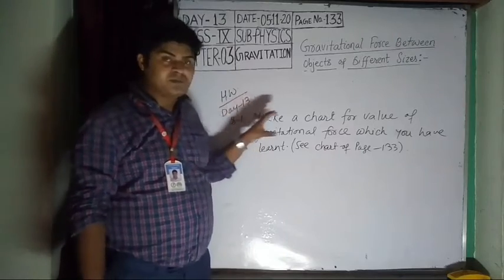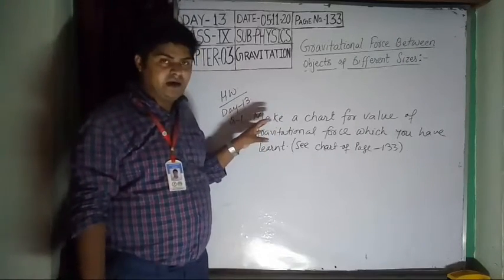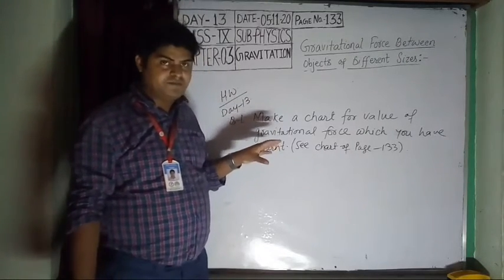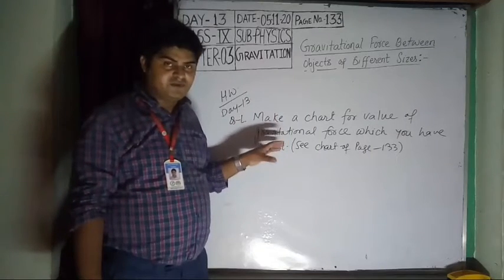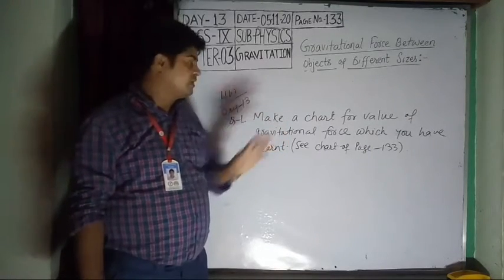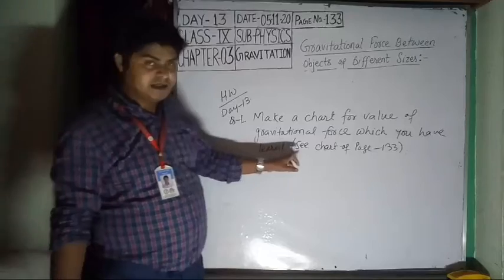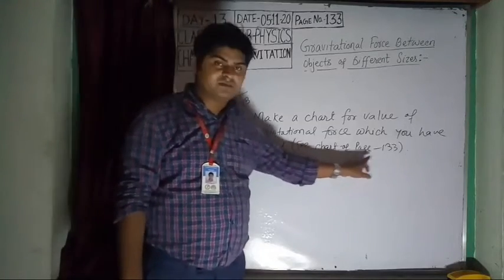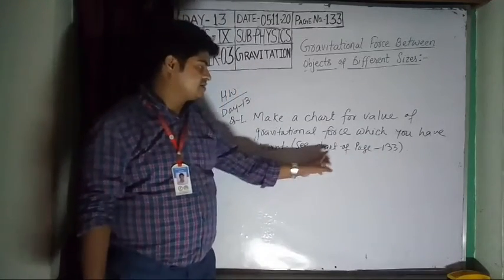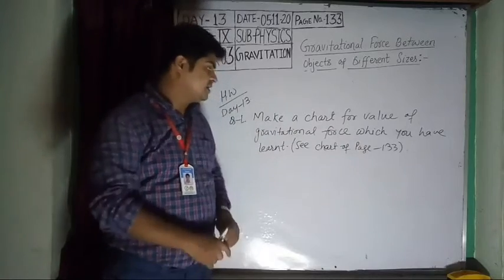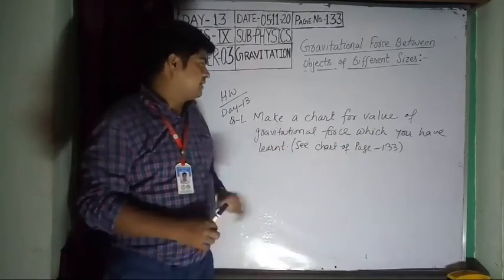That means you will prepare a chart and put the values there, what is the gravitational force between two balls, between two persons, like that. See the chart on page number 133 and you will answer this question.